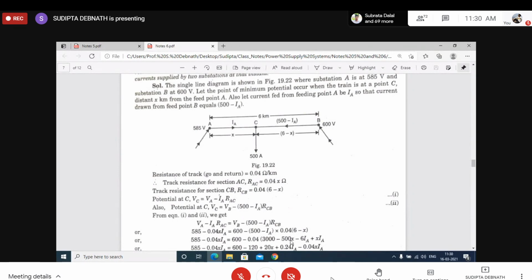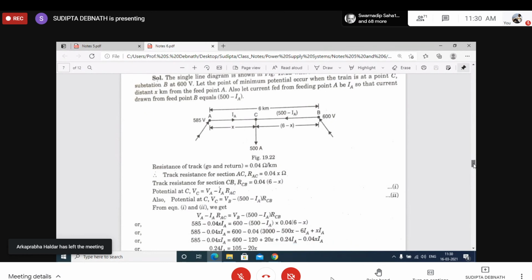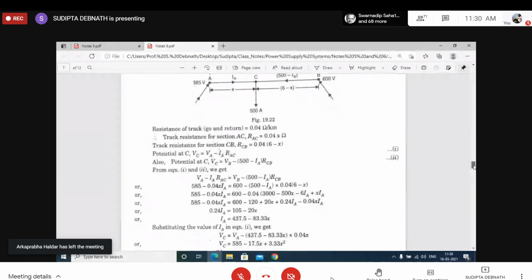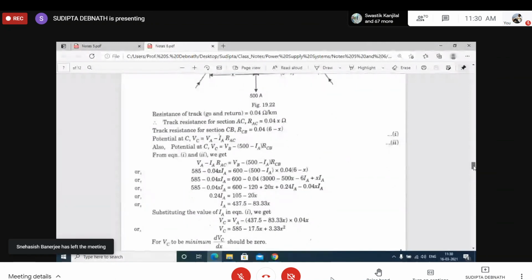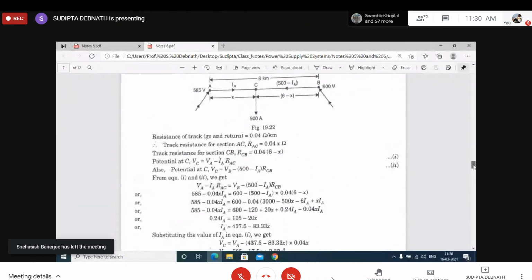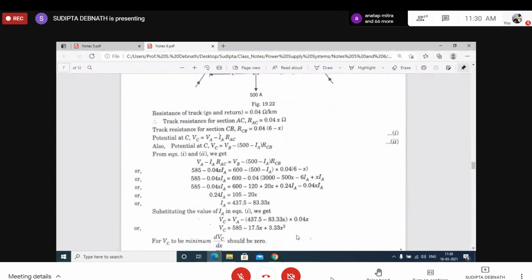IA and IB are not known, but if you get an expression of IA in terms of x, you can find out VC. VC is 585 minus IA into RAC. So if you substitute IA in terms of x, only one unknown will be there.